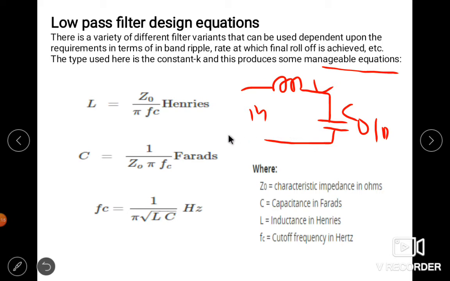If we look at that, there are two things there. How can we find out the value of L?